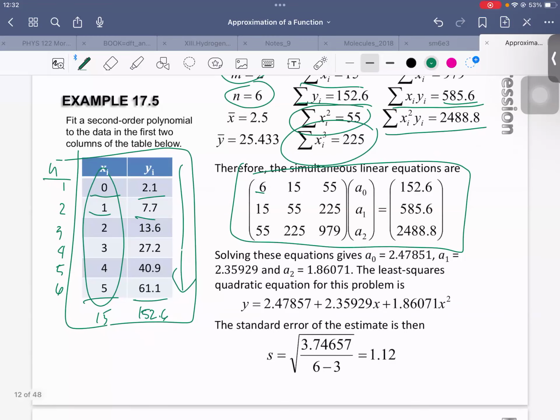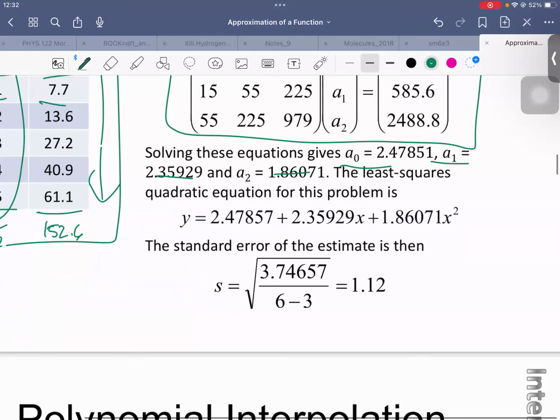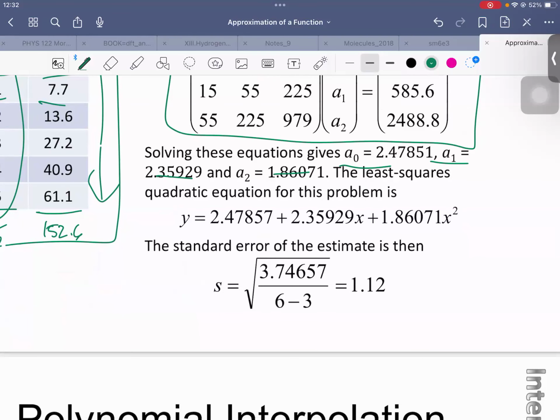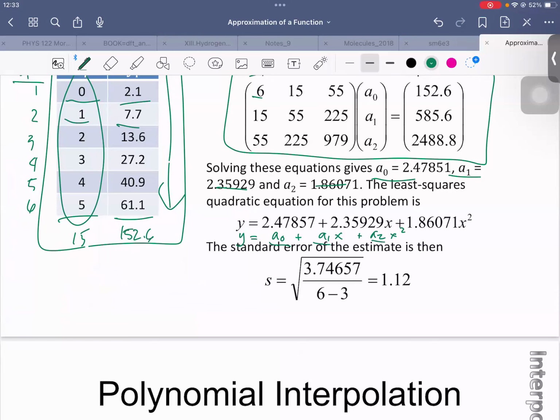Now, by this point, since you already have, for example, LU decomposition, you can use that to solve for the values of your coefficients. Once you have the values of your coefficients, you now have the function for the quadratic polynomial fitting. So originally, this is y equals a0 plus a1x plus a2x squared. So you just substitute the a0, a1, and a2 you got.